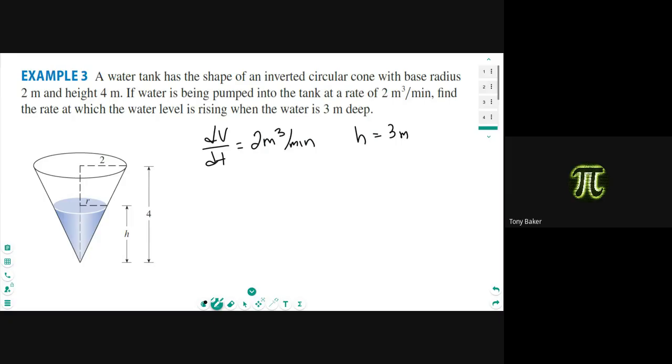The derivative of height. We're looking for dh dt. We're not looking for how fast the radius is changing. We're looking for how deep the water is, or how much the water level is rising, which would be the height.